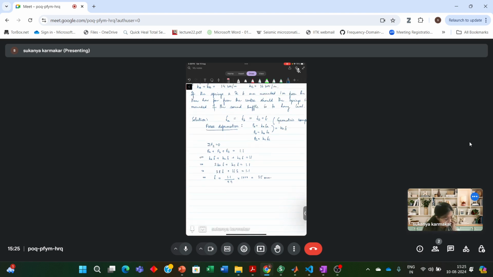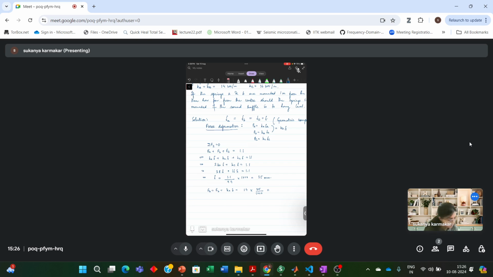So from here we can calculate the force in spring A and B is Ka into delta. Ka is 14 kilonewton per meter into 25 by 1000. This is a meter. So the answer, what you get is in kilonewton. 14 to 5 divided.